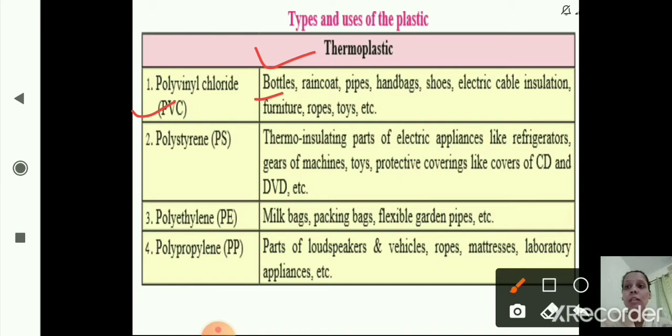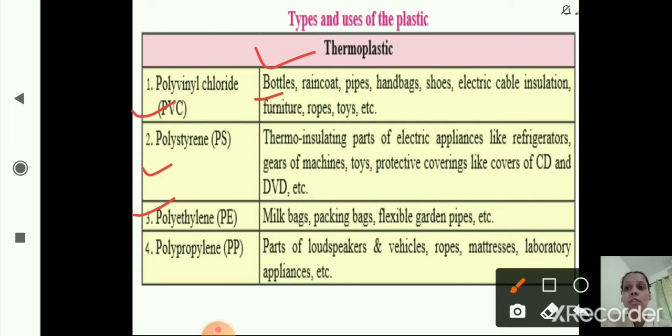Second one is polystyrene, that is PS. It is used for thermo-insulating parts of electric appliances like refrigerators, gears of machines, toys, protective coverings like covers of CDs and DVDs, etc. The third one is polyethylene, PE.